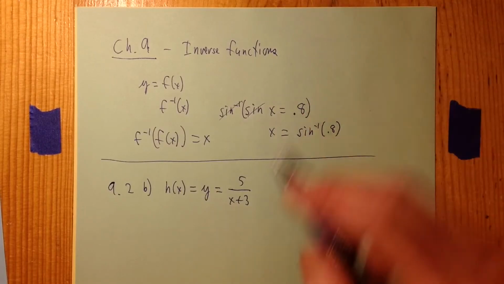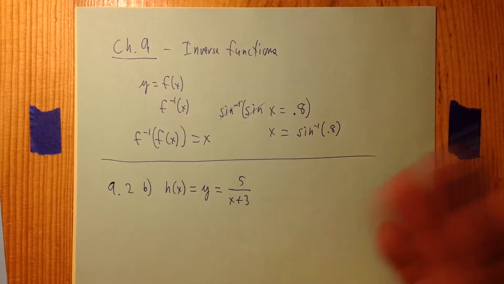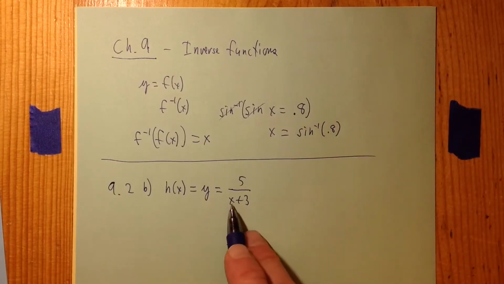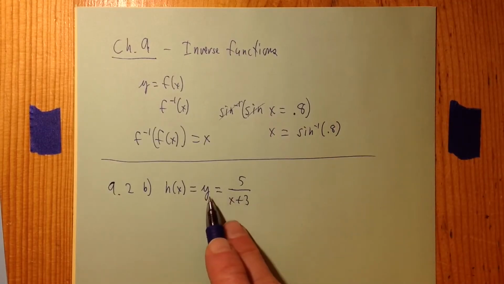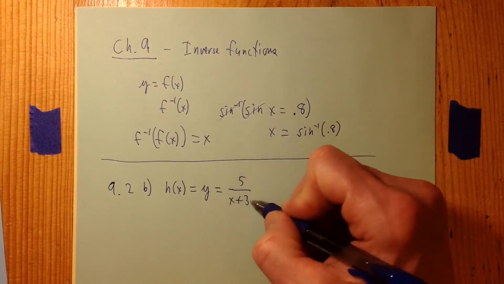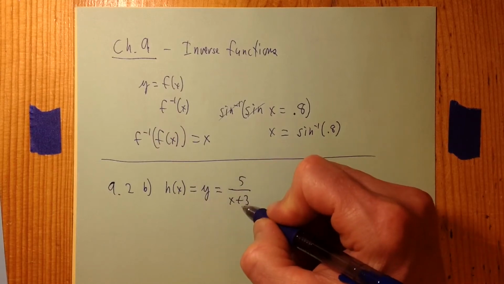Okay, so we want to find the inverse function of this. When it's an algebraic expression like this, it's not like there's something like inverse sine. All you do is solve for x as a function of y, and that's the inverse function. So really this is just an algebra problem where we have to solve for x. We have y is 5 over x plus 3.